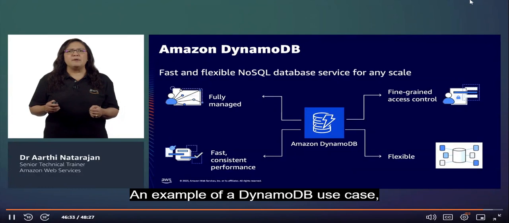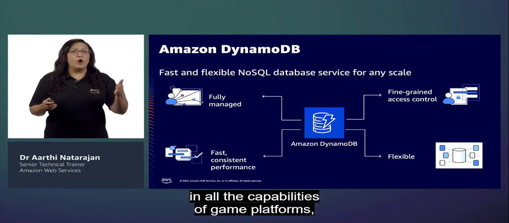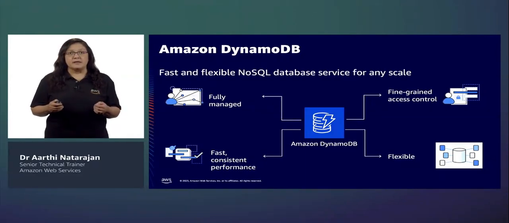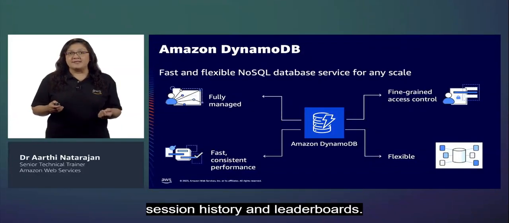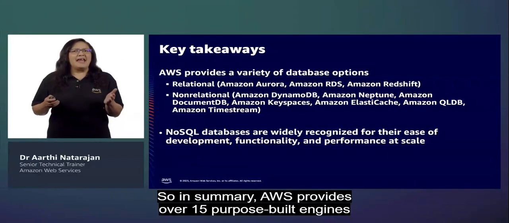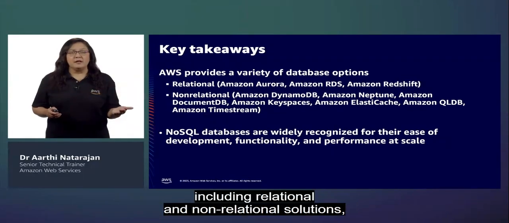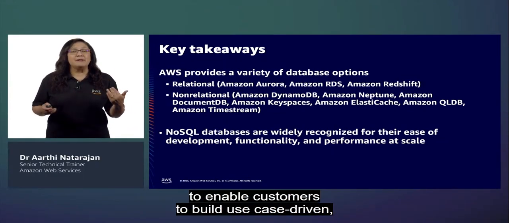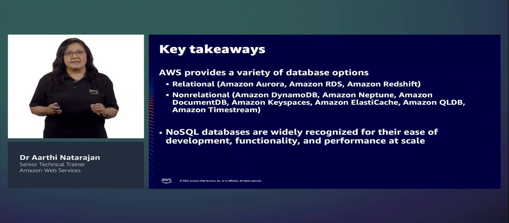An example of a DynamoDB use case: companies in the gaming vertical use DynamoDB in all the capabilities of game platforms, including storing the game state, player data, session history, and leaderboards. So in summary, AWS provides over 15 purpose-built engines to support diverse data models, including relational and non-relational solutions, to enable customers to build use case-driven, highly scalable applications suited to their specific needs.